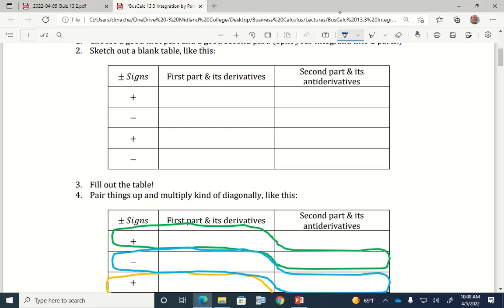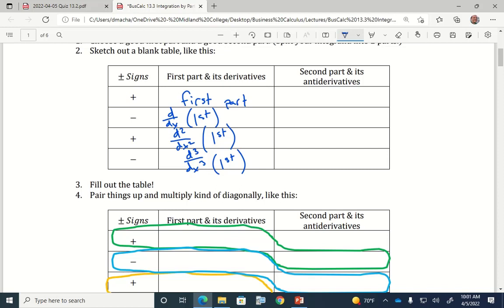In the second column, we're going to write the first part down. And then we're going to write the derivative of that first part, and then the second derivative of the first part below that, and then the third derivative below that. And we're going to keep taking derivatives, as many as we need to take.